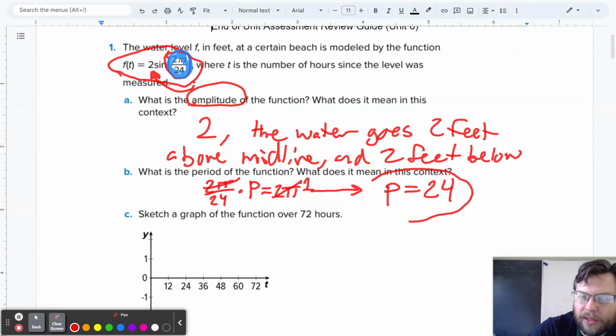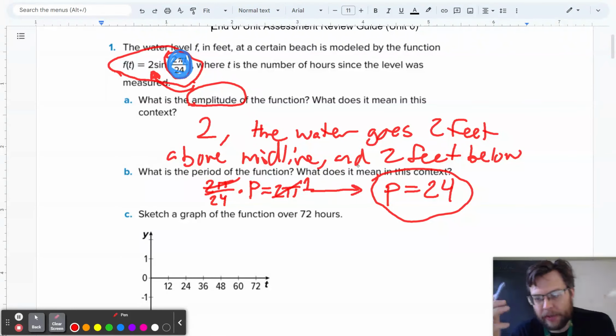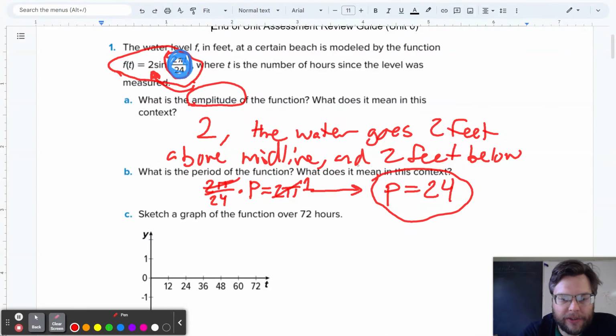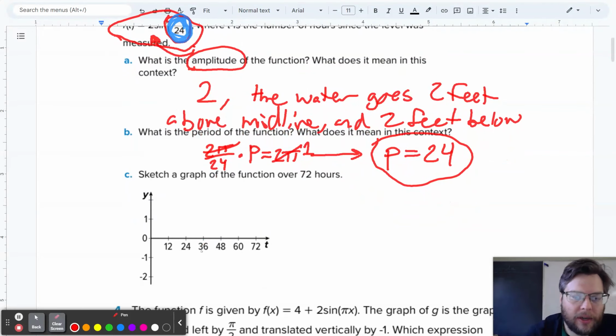Now that should make a lot of sense, because remember, what are we even talking about? We're talking about the water level. And so the water level is going to roughly repeat every day. It's just 24 hours. It's not perfectly a day in real life because the moon doesn't go perfectly around in 24 hours, but that's not important. We're going to pretend it's perfectly 24 hours long.